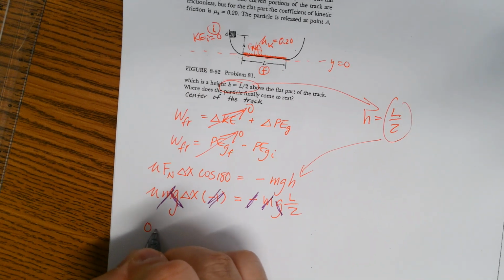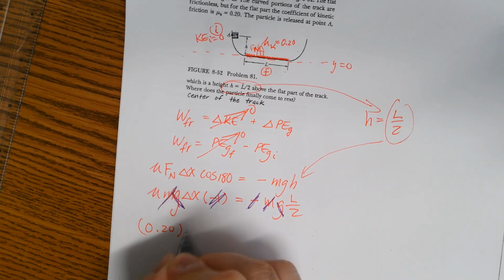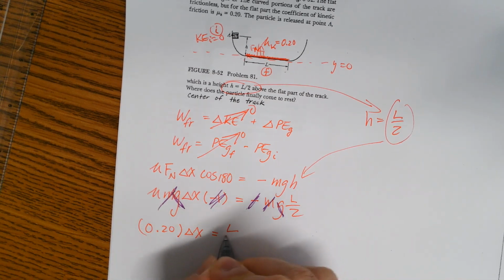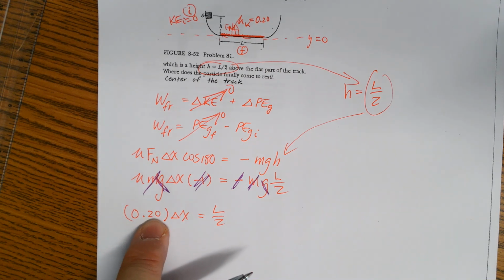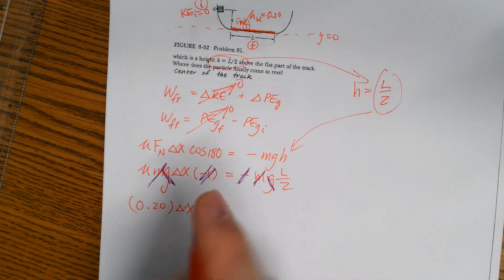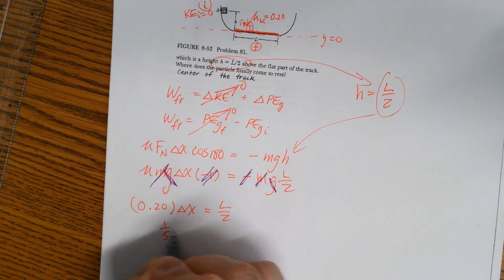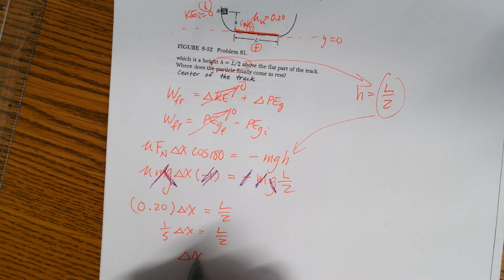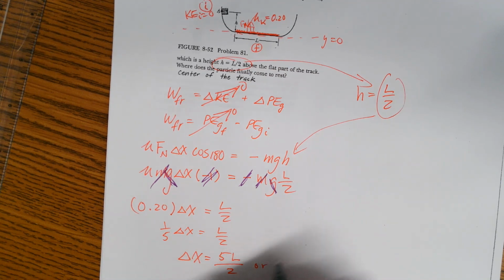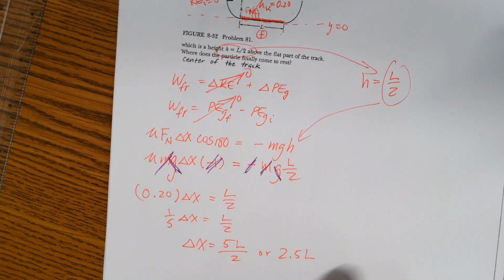So mu is equal to 0.20, and delta x is equal to L over 2. What's 0.20? That is 1/5. So delta x is equal to 5L over 2, or 2.5 L. So what's going to happen?